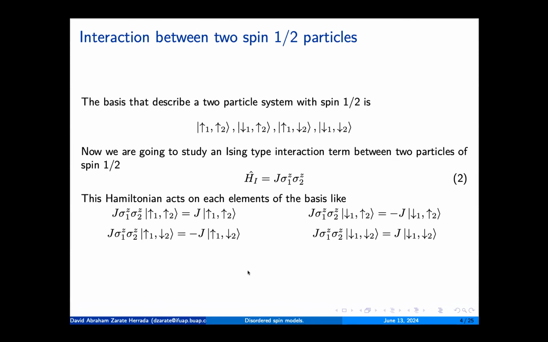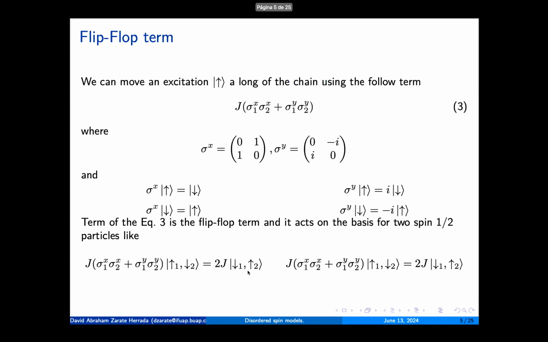We can see that we get the lowest energy when we have anti-parallel spins for this system, when J is positive, in principle.